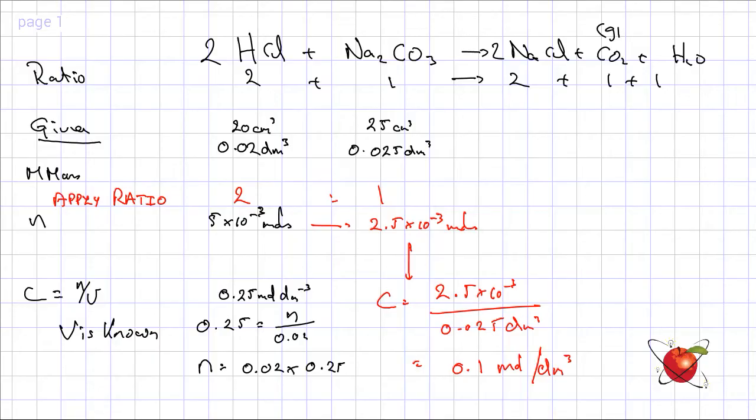We've got 2 times 23, plus the 12, plus 3 times 16, which is going to be equal to 106 grams per mole. And we know that we've got 2.5 times 10 to the minus 3.